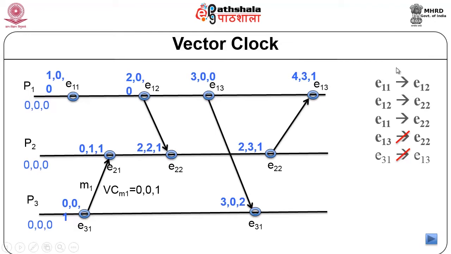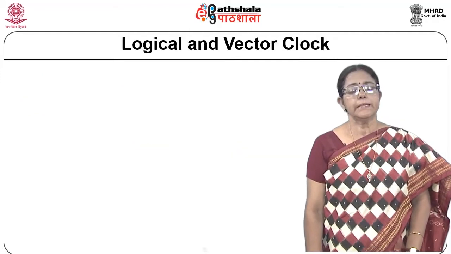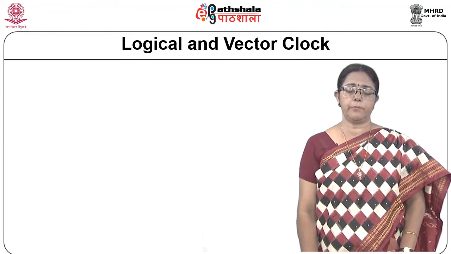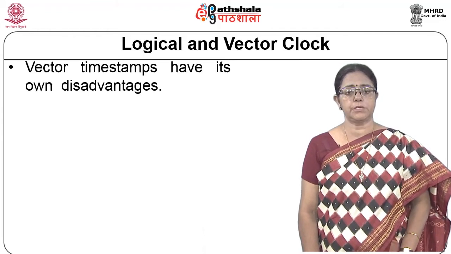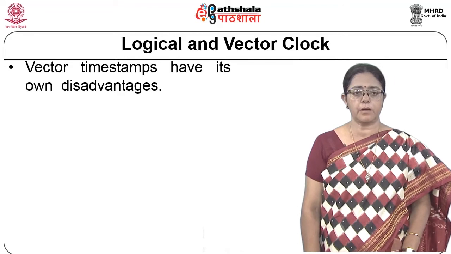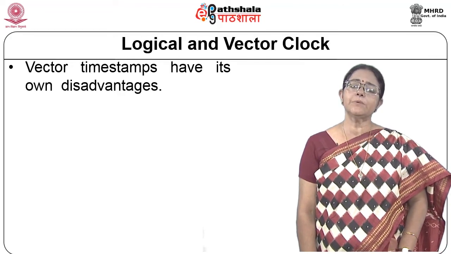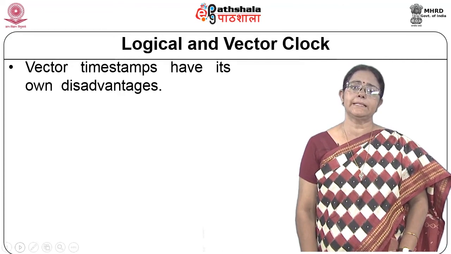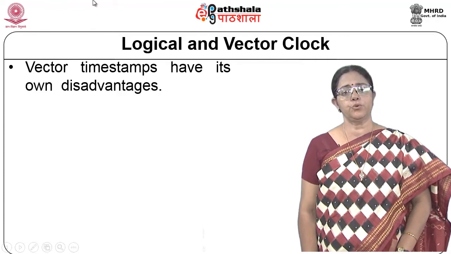And here we can clearly correlate the vector time, and we can determine the happen before relationship. So, these are the two clock mechanisms that are used in a distributed environment and therefore in cloud. Each one has its own advantages and disadvantages, and we can decide which one to use.